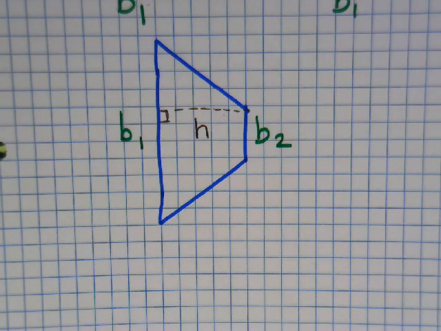Base times, and then base 1 plus base 2, and then divided. Something like that. Sienna? Base plus height divided by 2. Ooh, there's one slight mistake. You're almost there. Roger, try it again. Base times base.